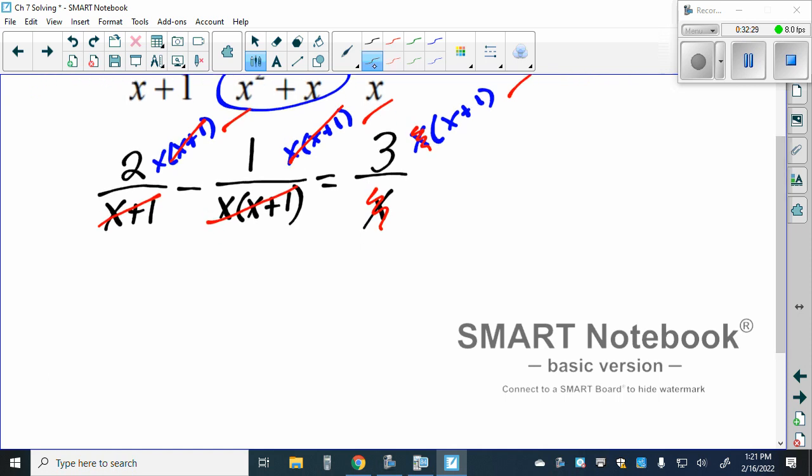Now let's see what we have left. On the first one here, we have 2 times x, which is 2x, minus 1 is equal to 3 times x is 3x plus 3 if we multiplied it out. That's actually not that bad.